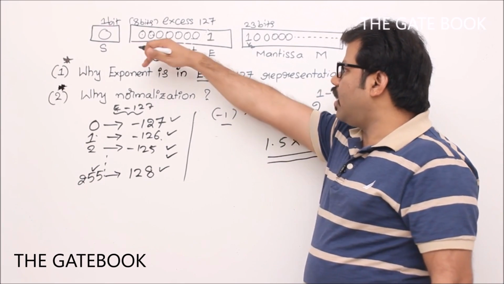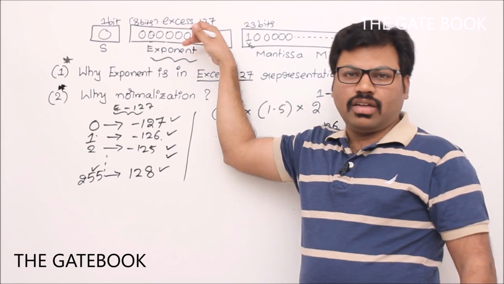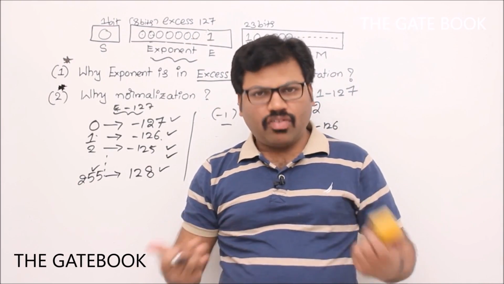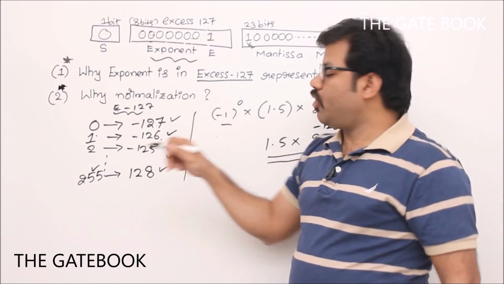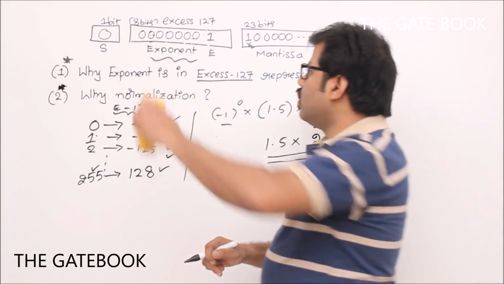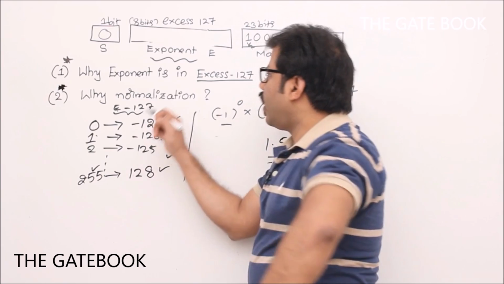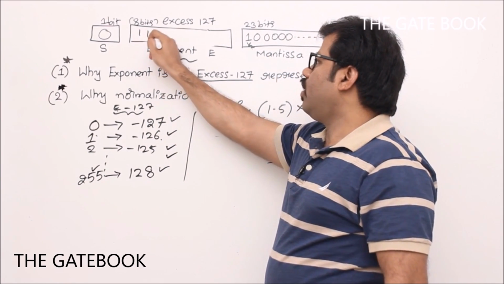It is naturally telling us that when the binary value is small, then the real floating point number we have is also small, correct? But if you use 2's complement representation, for example, if I want to write minus 1, then I have to write all ones.